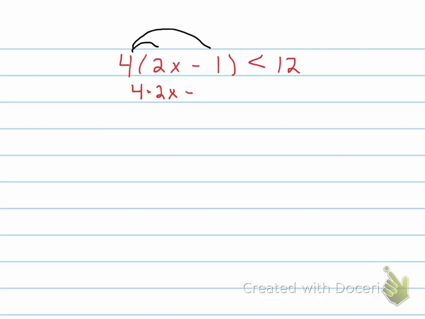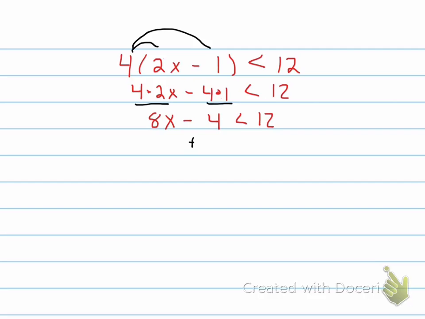So it's 4 times 2x minus 4 times 1 is less than 12. So it becomes 8x minus 4 is less than 12. And now you guys know how to solve this.